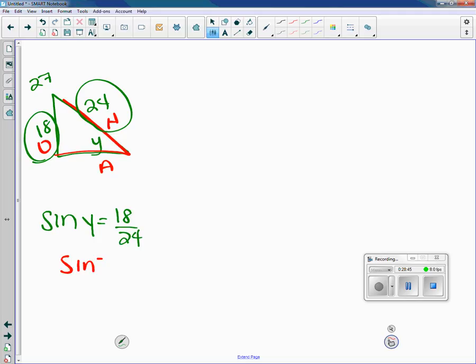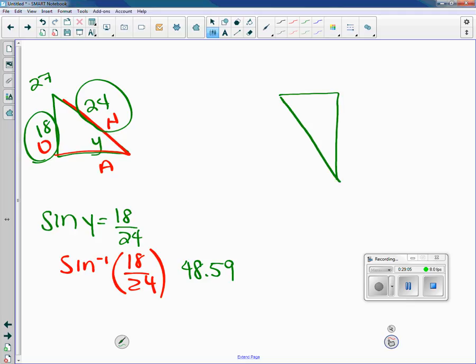Sine inverse of 18 over 24. You only use sine inverse if you don't have the angle. Perfect. 48.59.